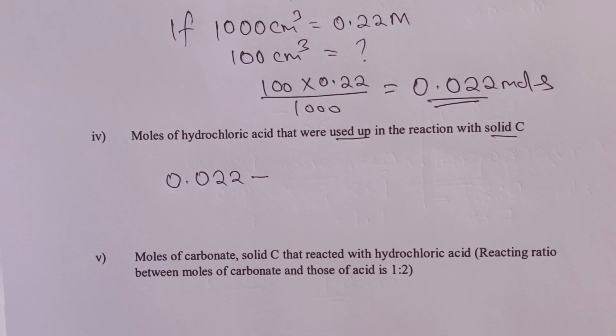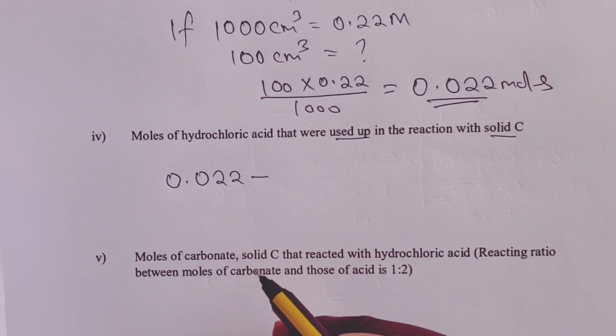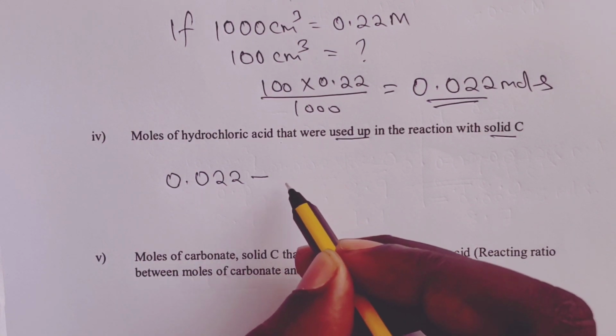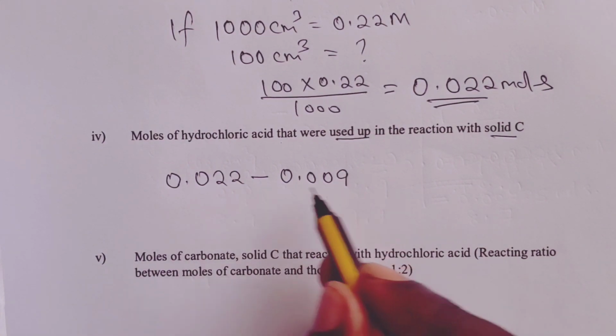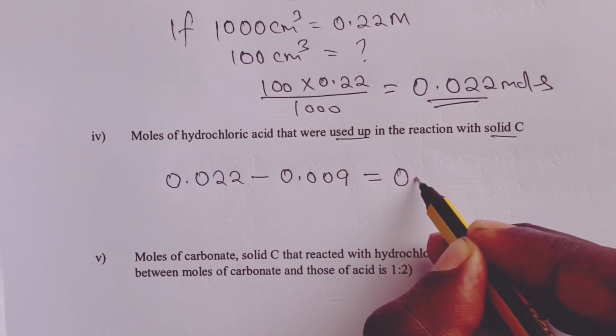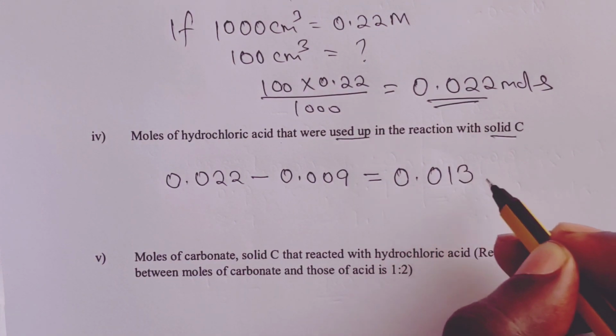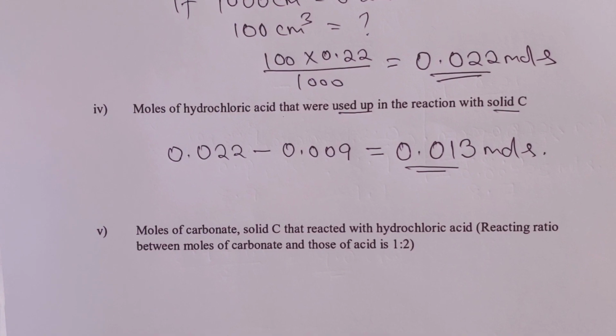Moles of hydrochloric acid in 100 cubic centimeters of solution E, which actually took part in the second titration, were only 0.009 moles. So getting the difference, we are able to get moles of HCl that reacted with our solid. And this gives 0.013 moles. Easy to understand if you follow the meaning of back titration.